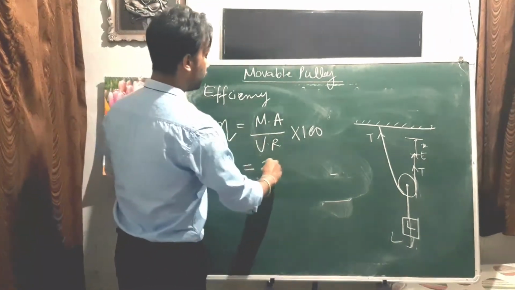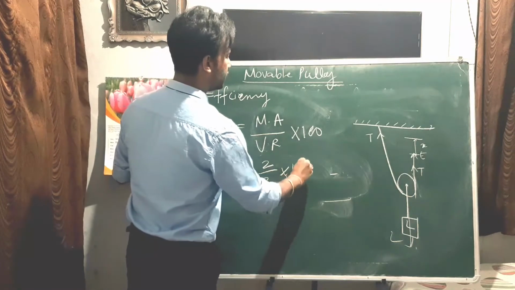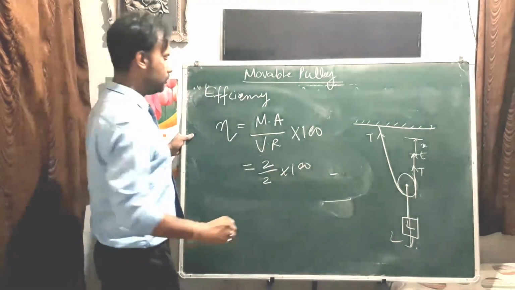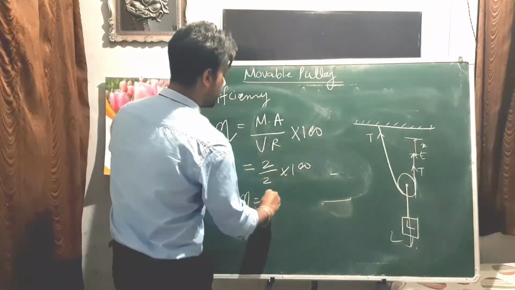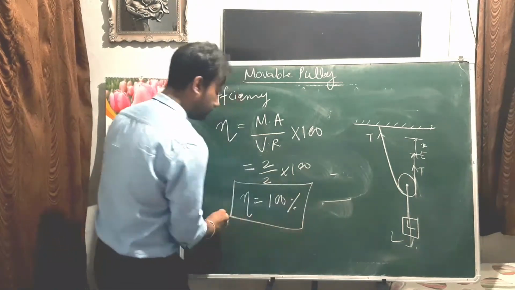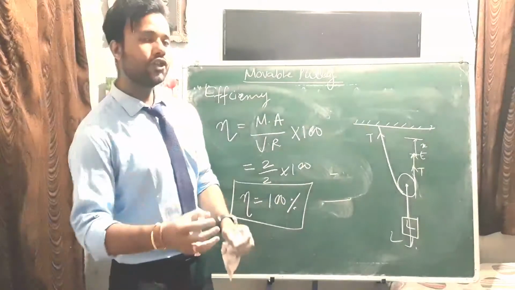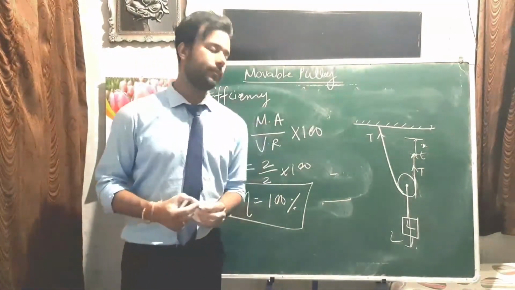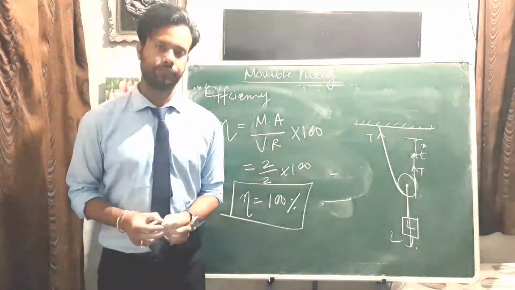So both the values of VR and MA are 2. So from here we get that the efficiency of the single movable pulley is 100%.